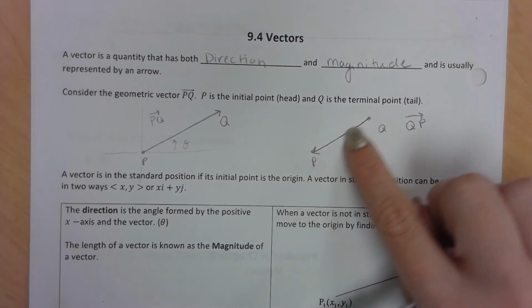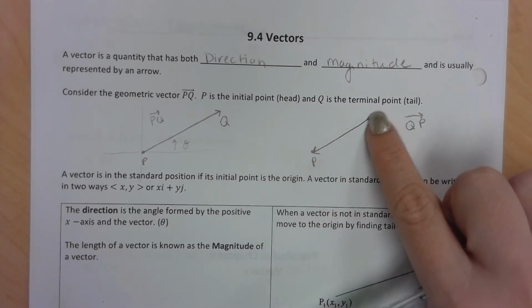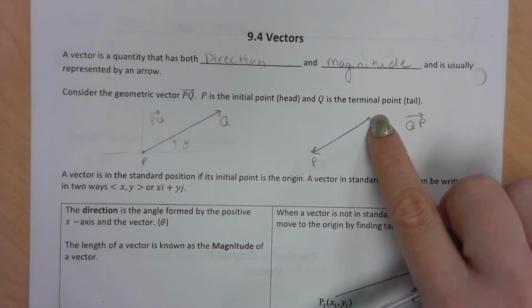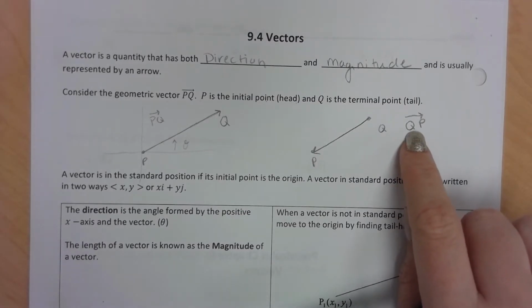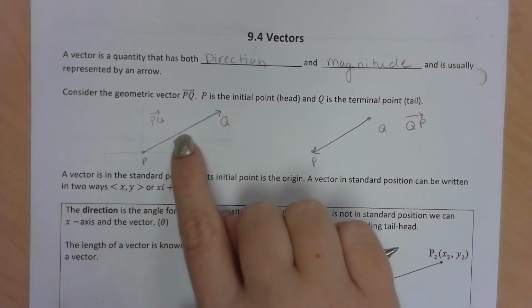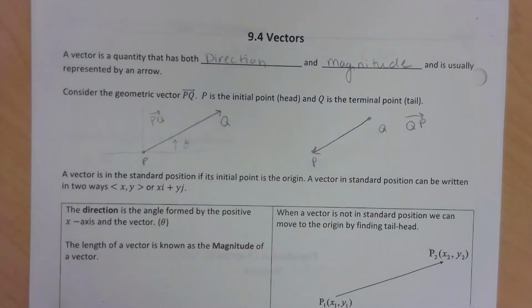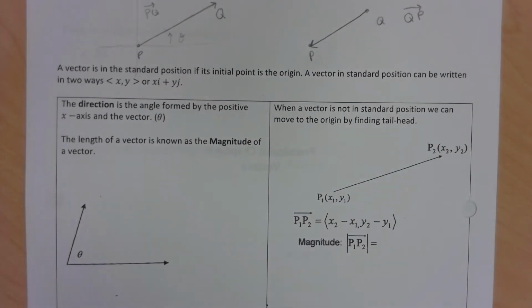The direction of the vector would change, but the magnitude, the length, is not changing. Okay, so it's really important you pay attention to what is the initial point and what is the terminal point, right? What is the head and what is the tail, because that changes the vector drastically.